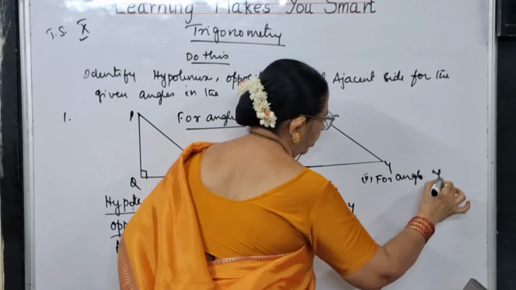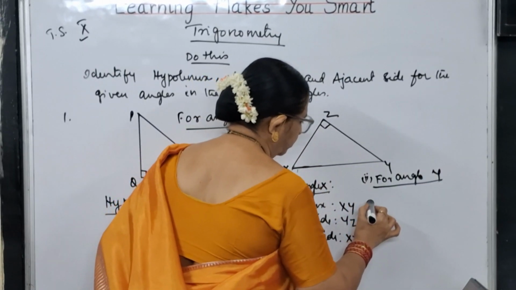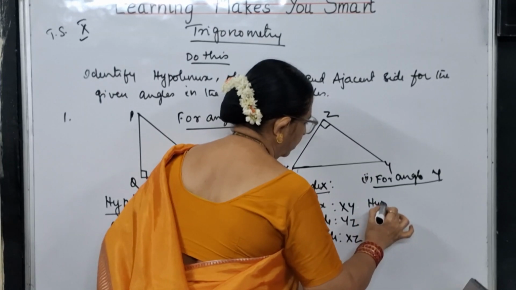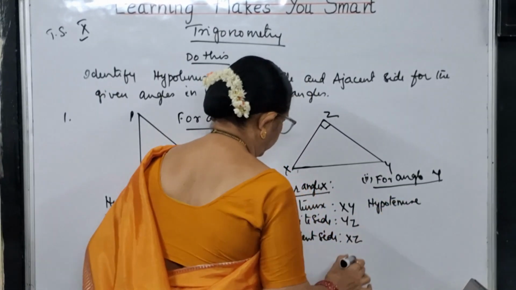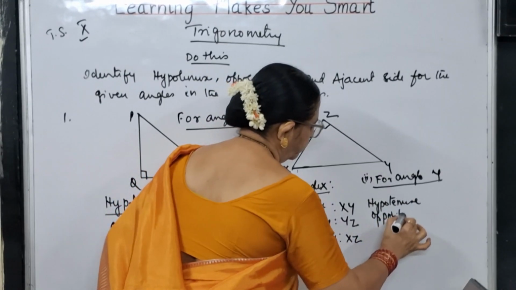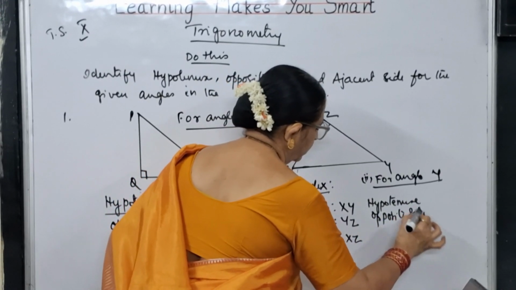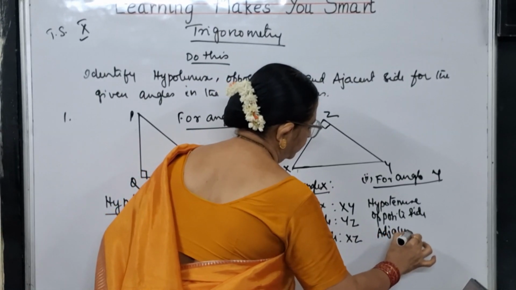angle Y. So for angle Y, let us talk about hypotenuse and then opposite side and then adjacent side.